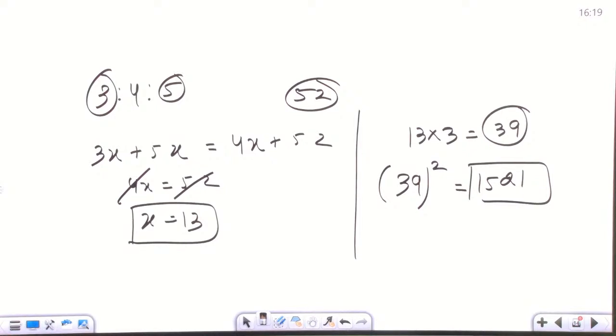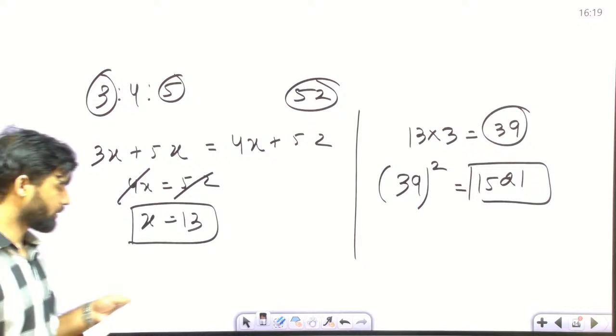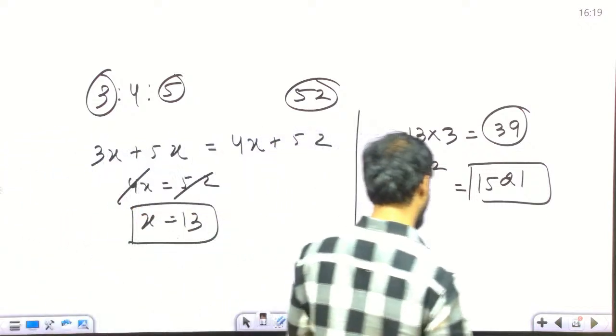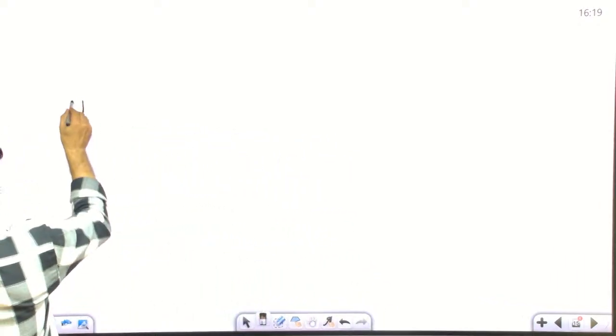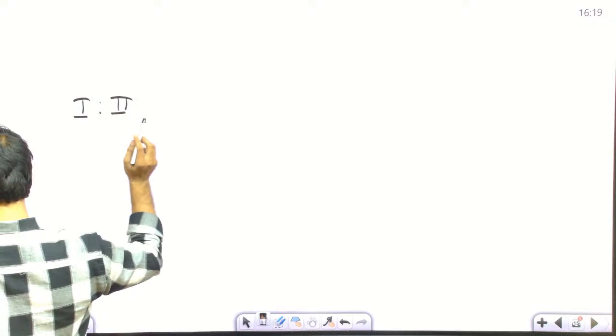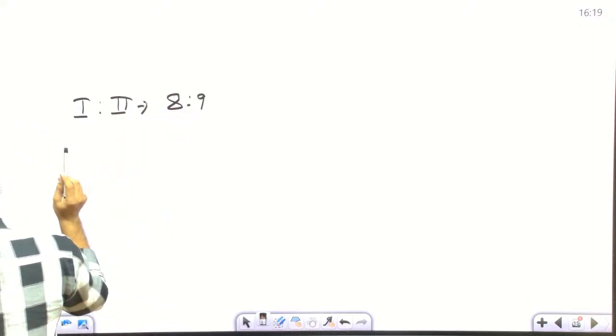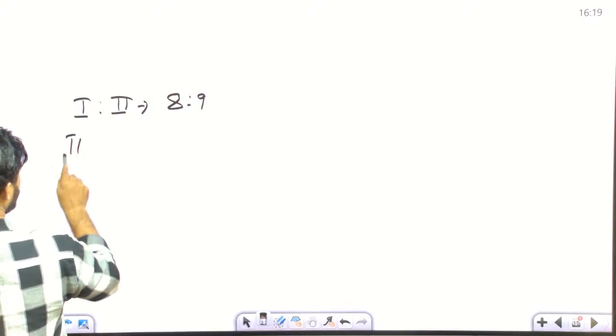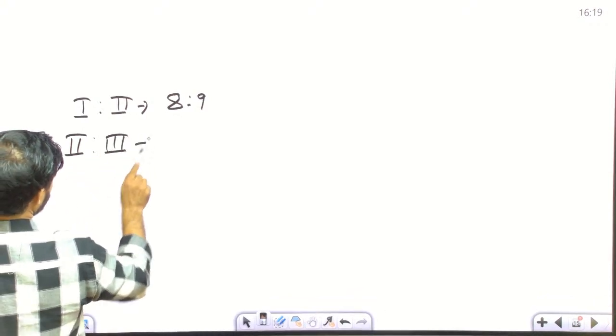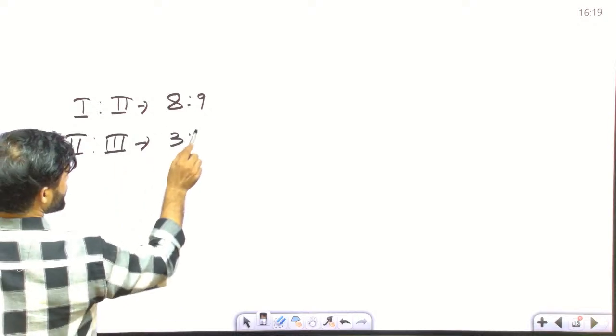Let's write the next question. Of three positive numbers, the ratio of the first and second is 8 is to 9, and that of second and third is 3 is to 4.